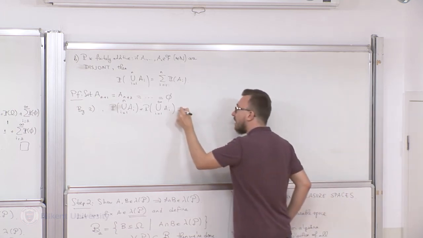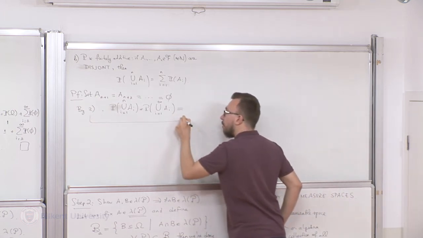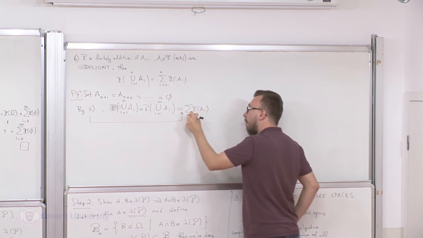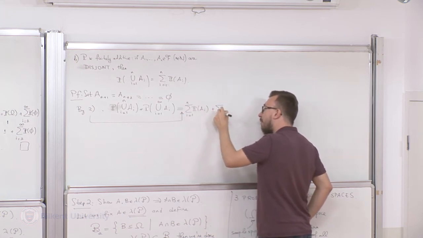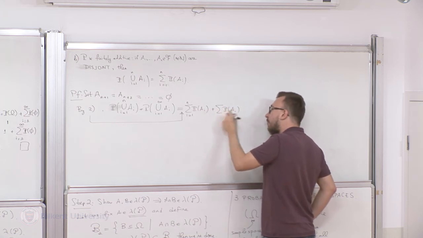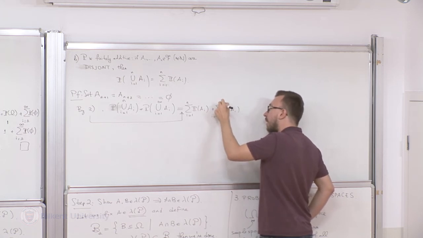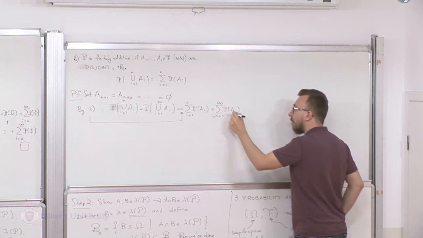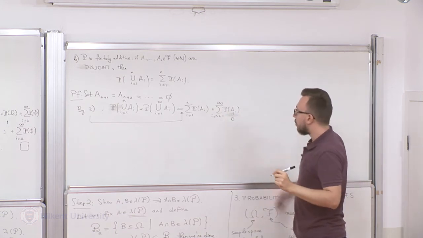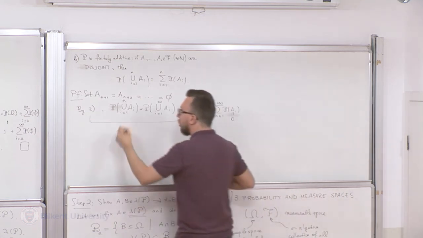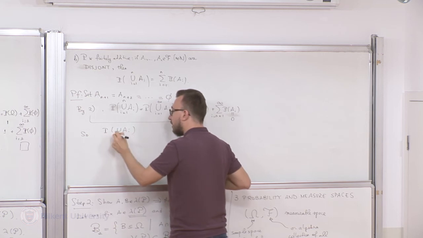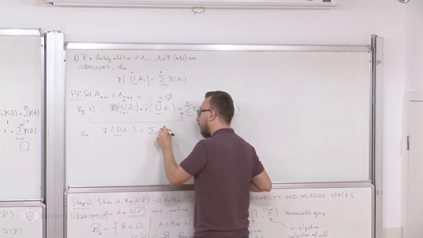So now using 2, we have the sum from 1 to n, and then from n+1 to infinity. From n+1 to infinity, we just have zeros. So this part goes away, so we're done. The probability of the finite union is the sum of the probabilities of the individuals.